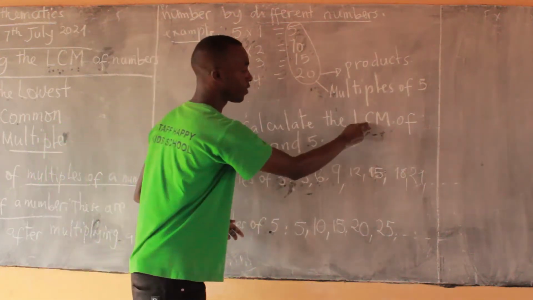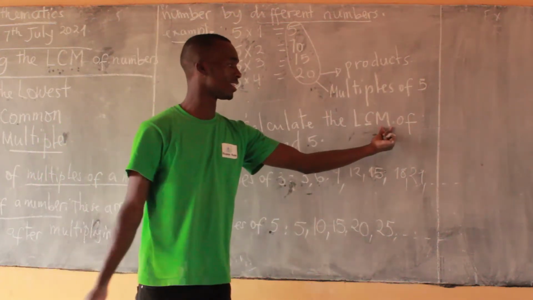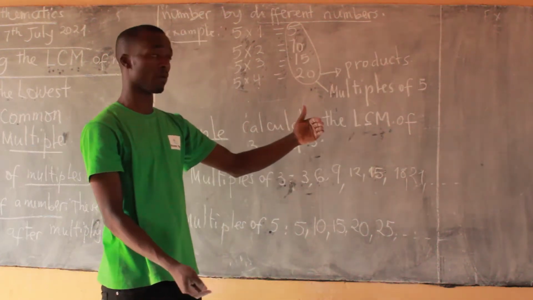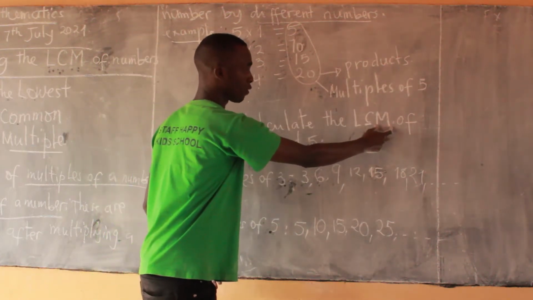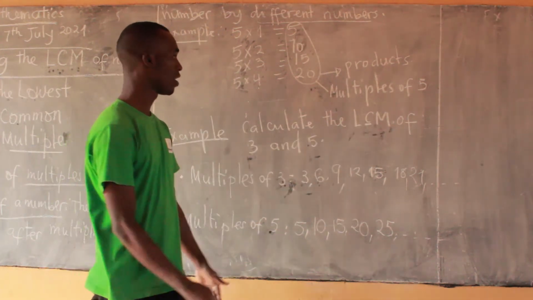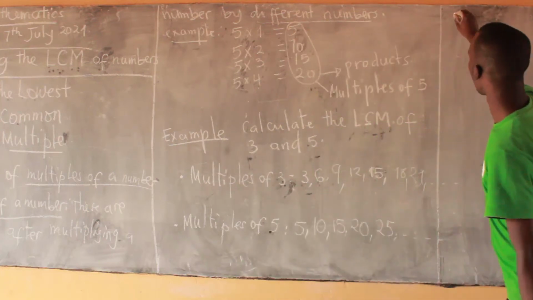What are now the common multiples? We have shown the multiples of 3 and 5, now we are at common multiples. What are the common multiples of 3 and 5?